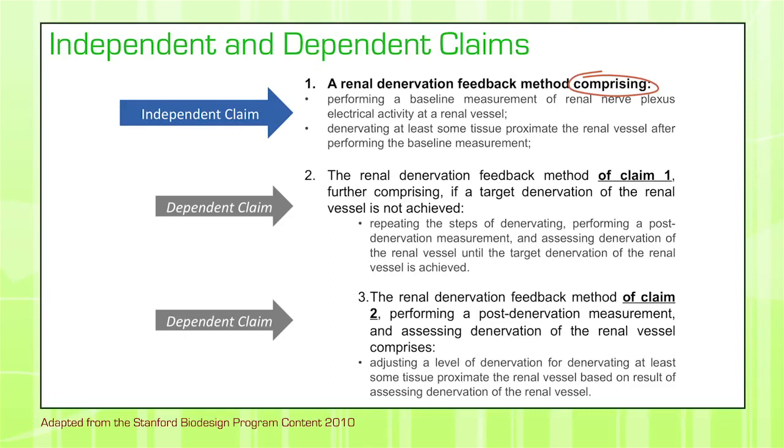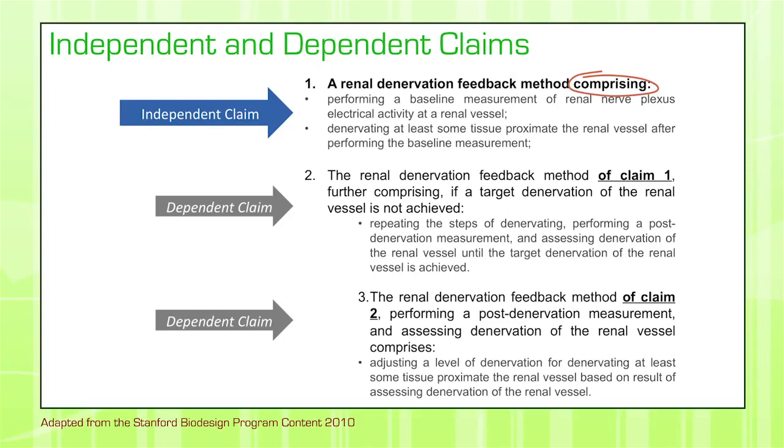So it's a renal denervation feedback method that includes, but does not only include, what you are going to mention. What the word "comprising" gives you is the possibility of legally describing the basic things that your patent covers, while anything that has those features plus anything else should also infringe your patent, because you're saying this device comprises or includes, but is not limited to, those features.